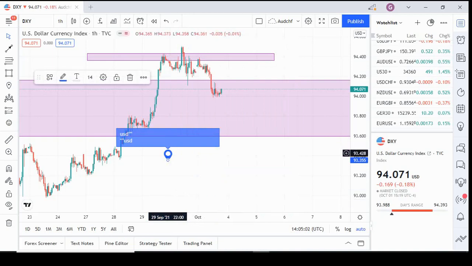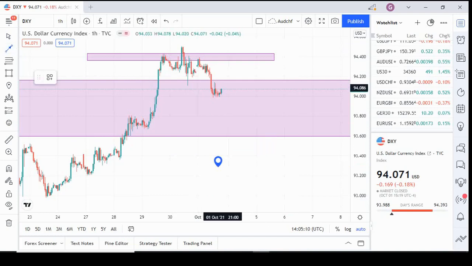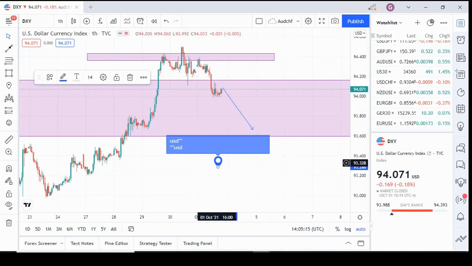If price drops from this level to this level, what we actually mean is that the dollar compared to this other currency will go down. Now if there's another currency and then the dollar, that type of pair will go up. It will be the inverse of this movement. That's all that actually means.